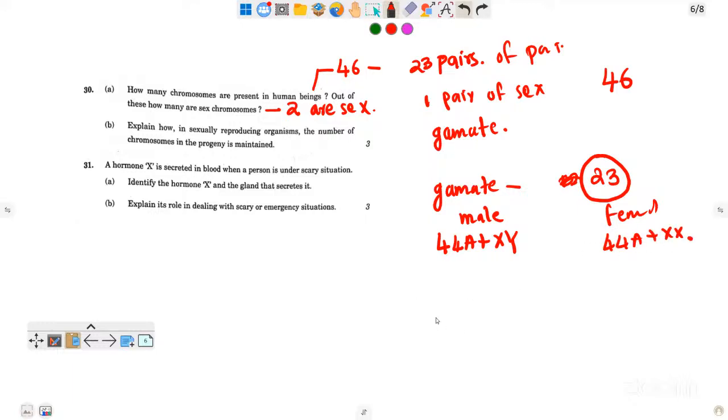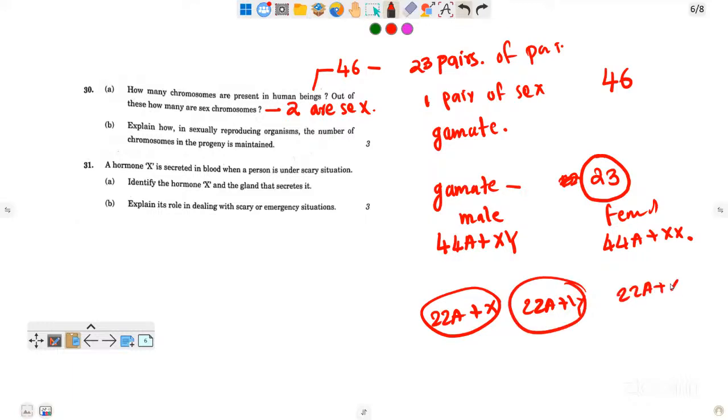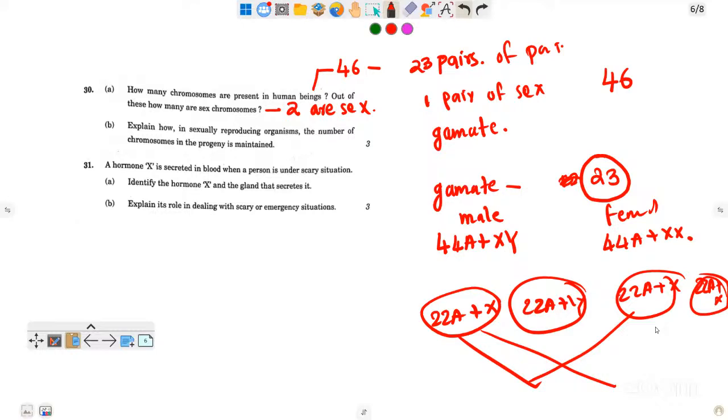Then in gametes you can write 22A plus X, 22A plus Y, and here also 22A plus X and 22A plus X. Then you can represent the fertilization very easily. If you write all these things, you will surely get the full mark. You will not lose any mark.